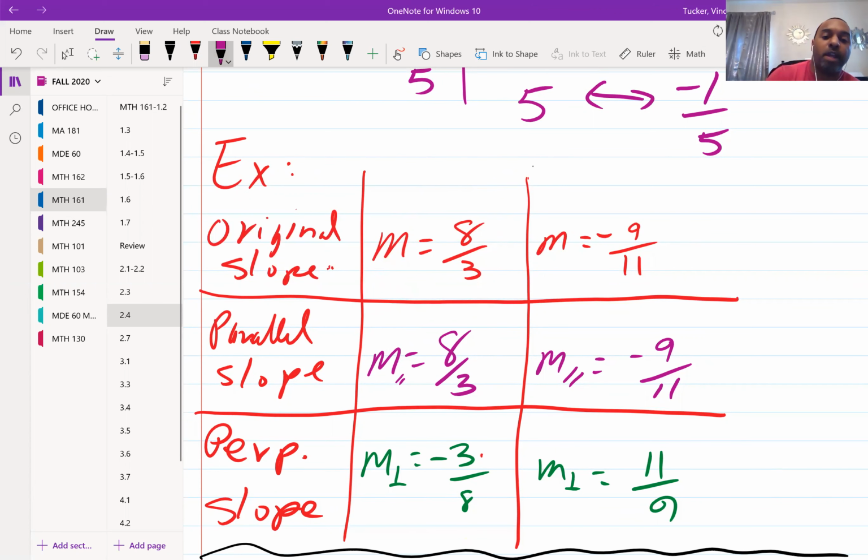Now, if I have 8/3 but I want a line that's perpendicular to that, then I would flip the fraction and use the opposite sign. That would be a negative reciprocal. So once again, for a parallel line I need the same slope, and for a perpendicular line I flip the fraction and use the opposite sign.